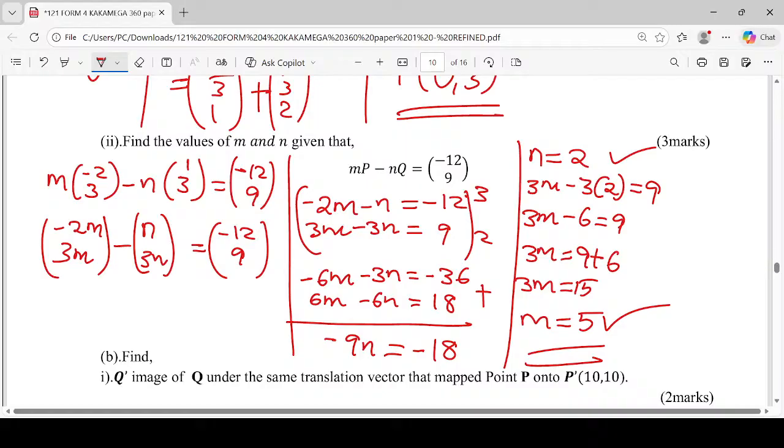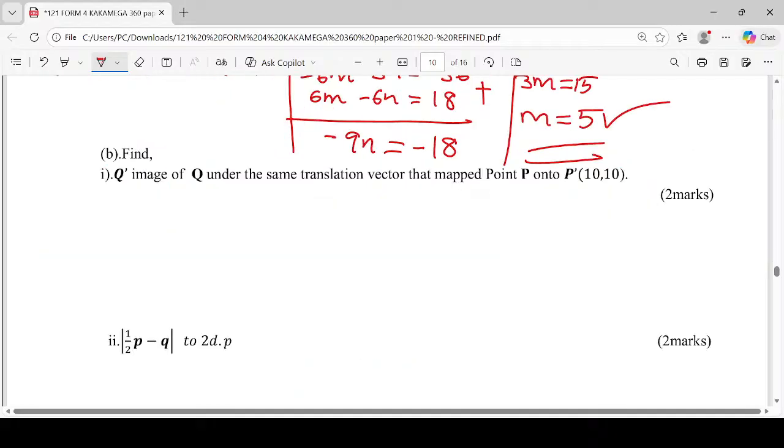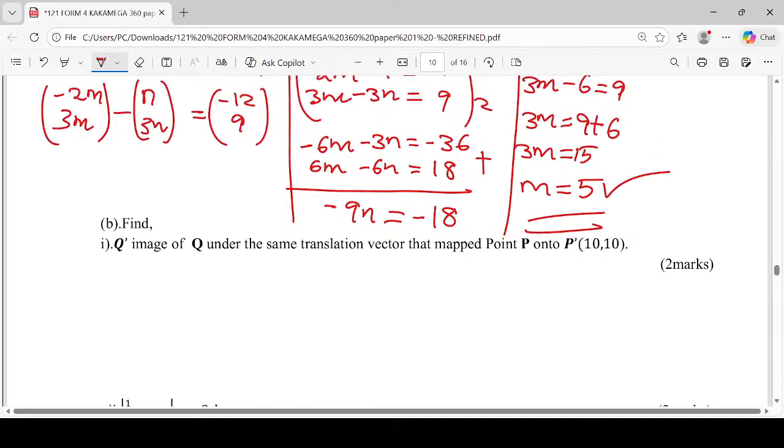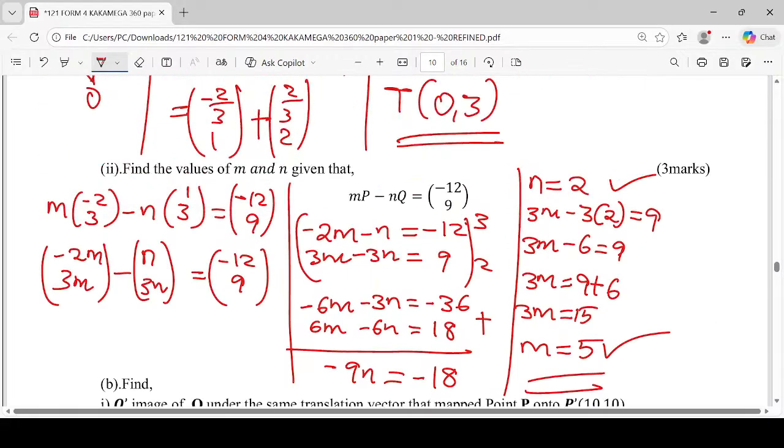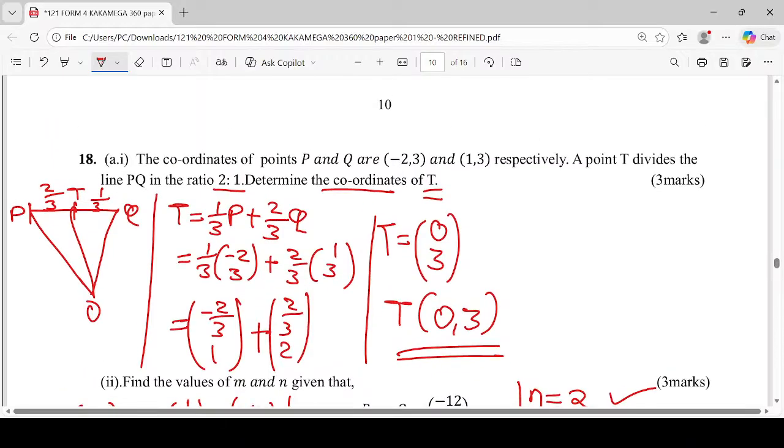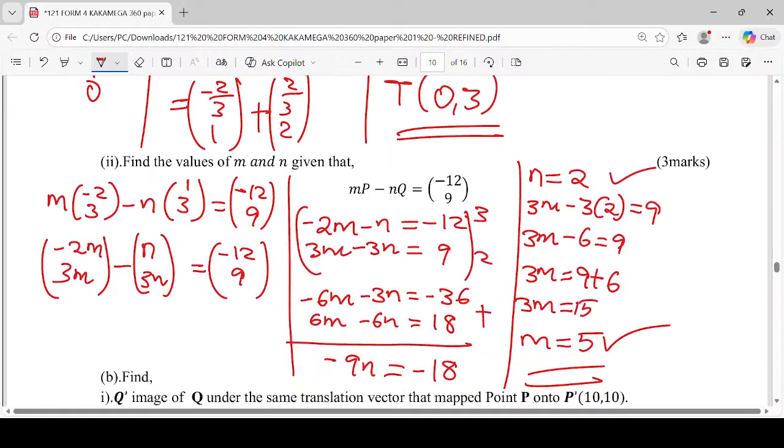Let's proceed to the next question. That's part B of the very question. Find Roman 1 q prime, the image of q, under the same translation vector that mapped p onto p prime, which is 10, 10. So we have vector p. Let me see. P was negative 2, 3.